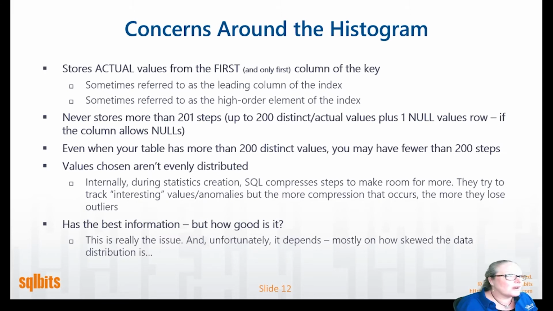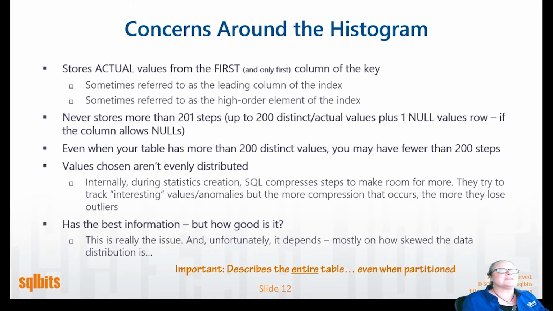So here's where we start to come up with a really big issue, which is around our data distribution. And the craziest thing here is, even though SQL Server has better ways of updating statistics without having to read the whole data set, like incremental, even if it updates the statistics more efficiently, the actual statistic used by the optimizer is always a table level statistic, even when your table is partitioned.